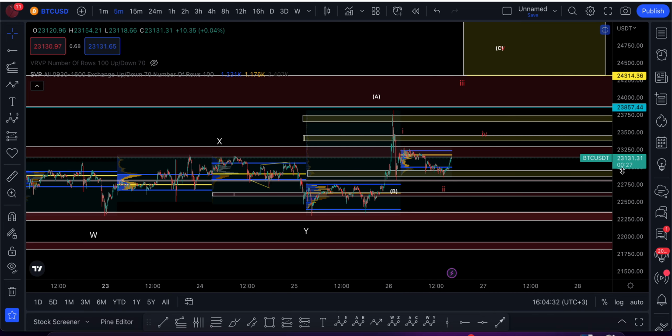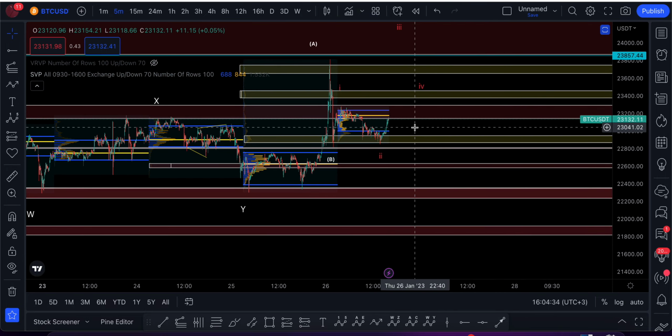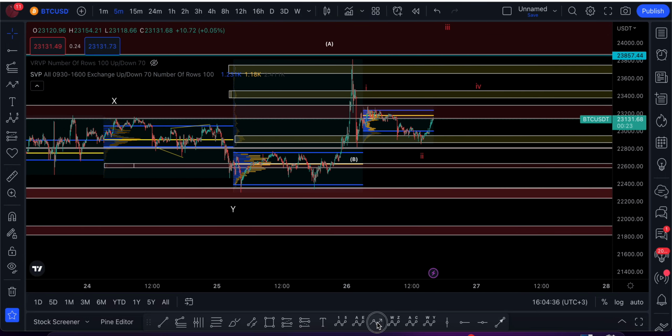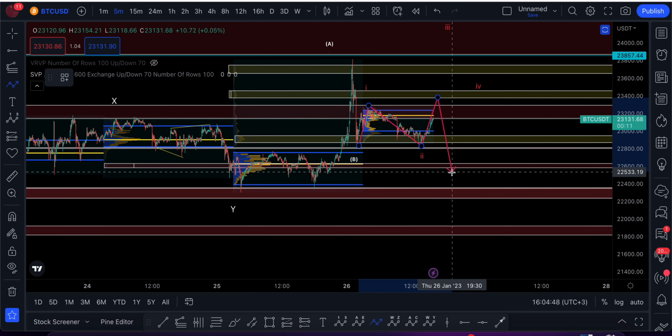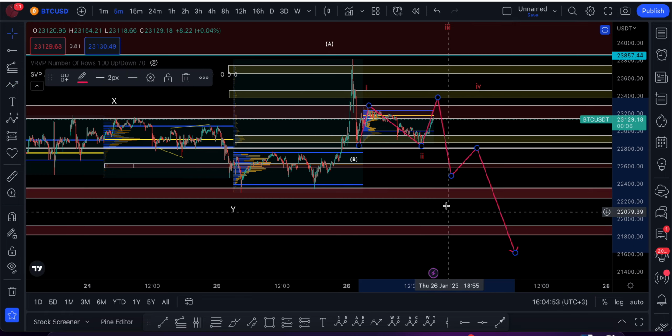So for the previous structure to be in play, if we come up from here and we move up, right? And then we get rejected and come down and break this low, I would be expecting further continuation to the downside.